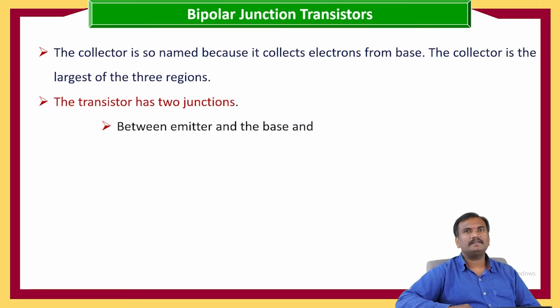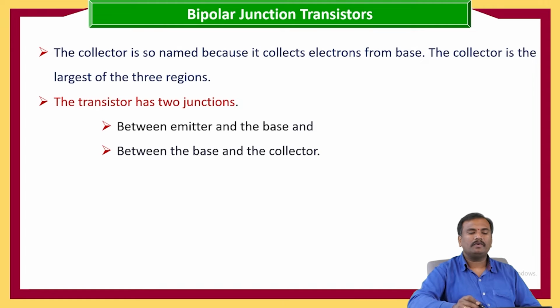The transistor has mainly two junctions. Three layers means we are going to have two junctions. One is between emitter and the base, and the other between the base and the collector.